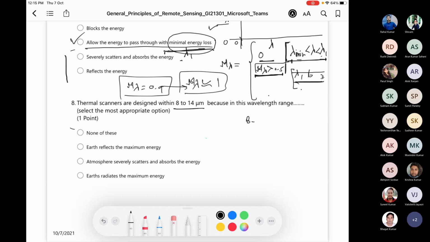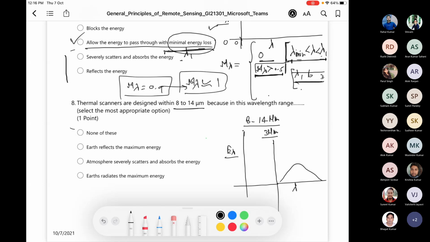So 8 to 14 micrometer, in this spectral band, when you analyze the spectral exitance, this curve of energy radiated versus wavelength, there is a 3 micrometer dividing line.